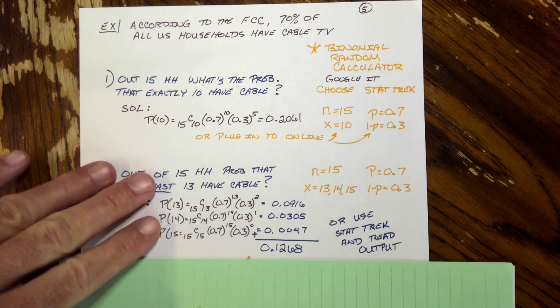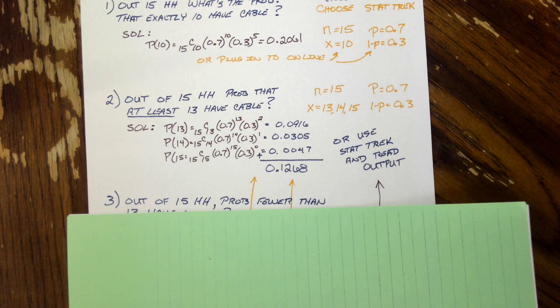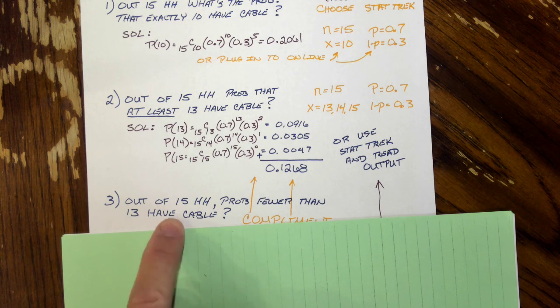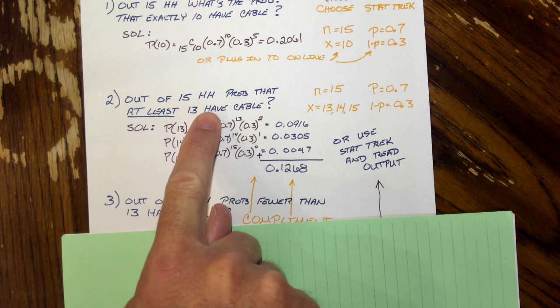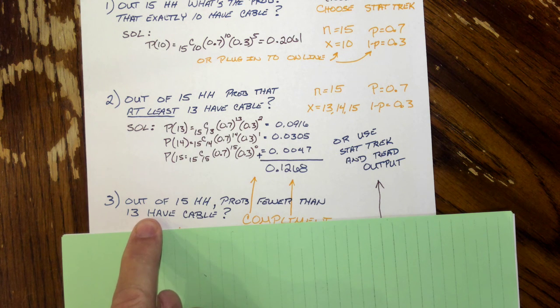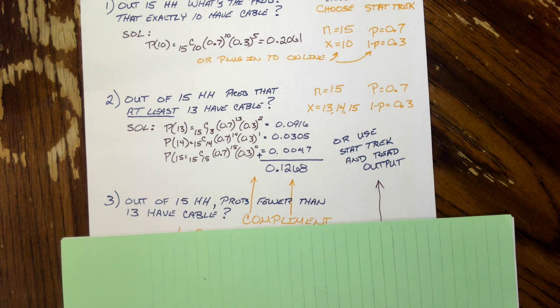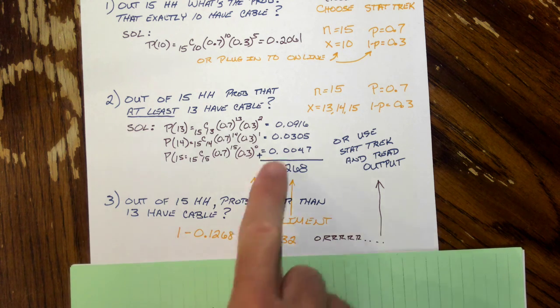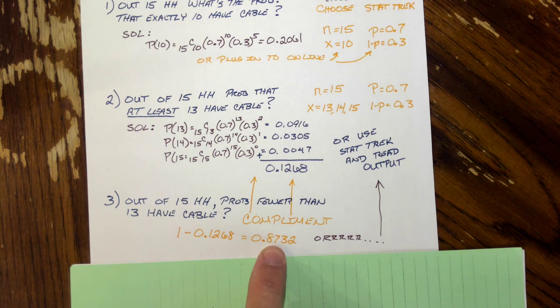Next example. So out of the 15 households, what's the probability fewer than 13? Well, if you look at this problem, 13 or more, fewer than 13. Not 13 or less, fewer than 13. So they're complements of each other. So you can take the answer you got here, subtract it from 1, and get your answer.